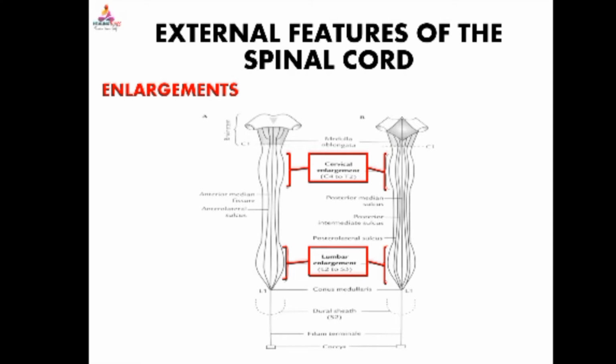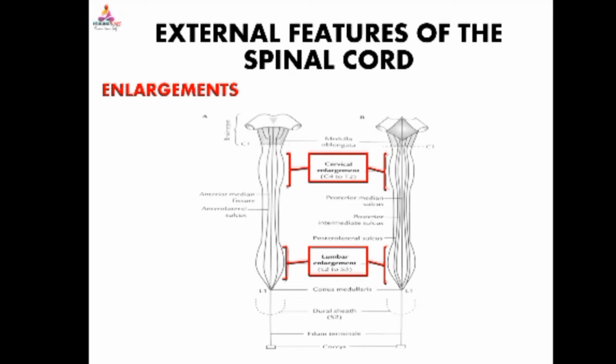These enlargements are produced because of the presence of a large number of large motor neurons in this region to supply the musculature of the upper and lower limbs and the associated girdles.